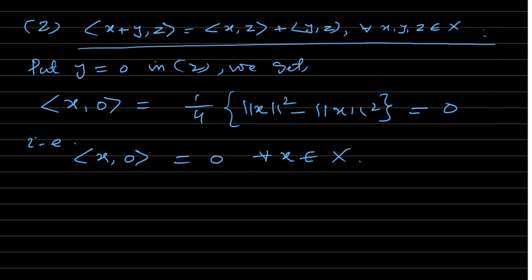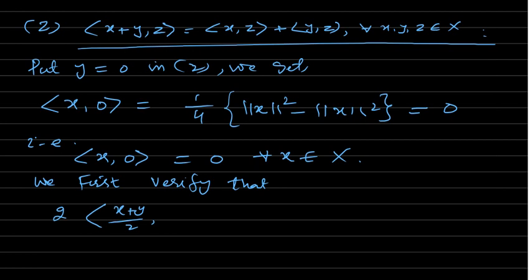So we first verify this thing: twice inner product of x plus y over 2 with z is equal to inner product x with z plus inner product y with z.